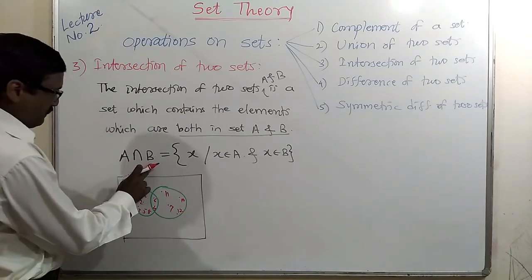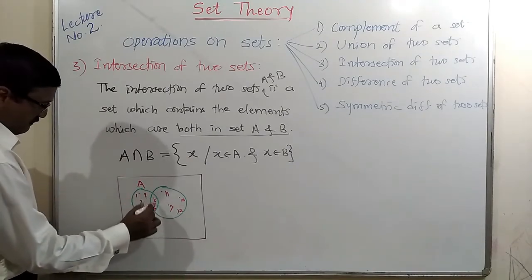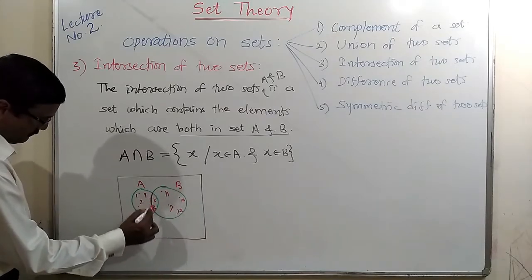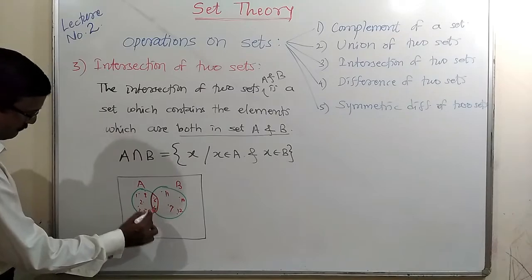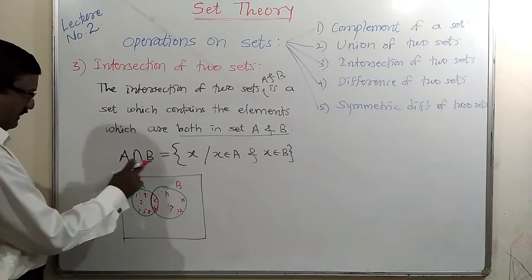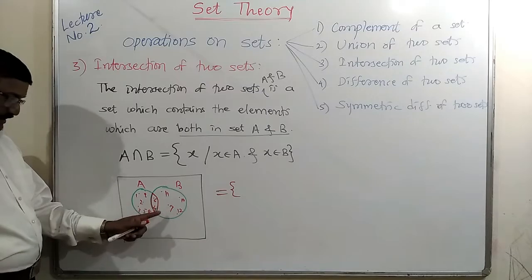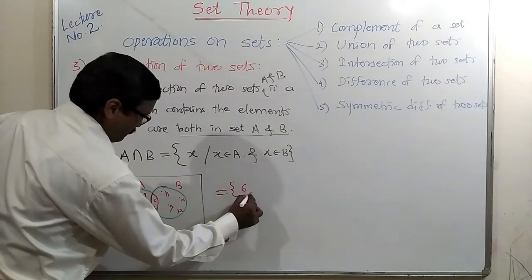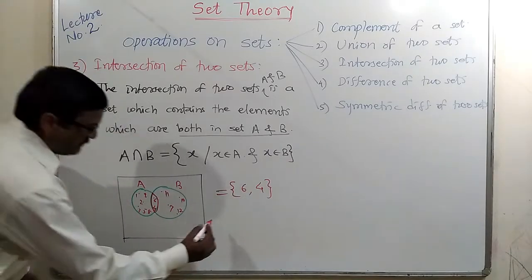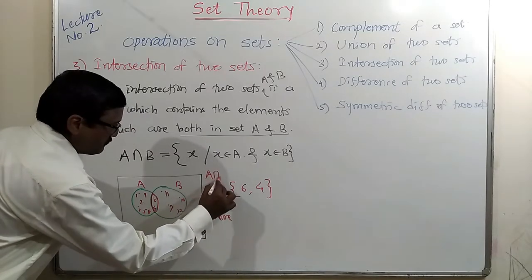Here A intersection B means an element which is in A and B also. This is set A and this is set B. So these are the two elements which are in A also and B also. So here A intersection B, this set contains elements 6 and 4.